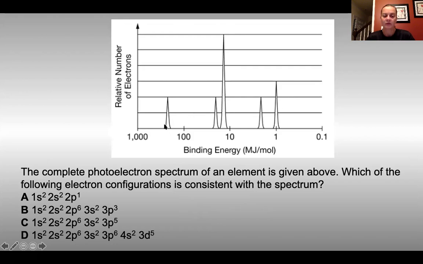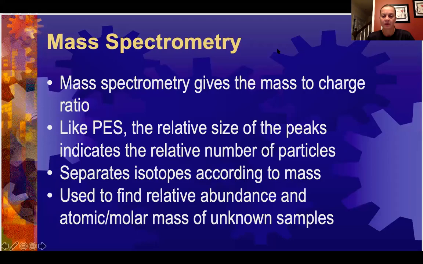So we know we're looking for 1s2, 2s2, 2p6 because it's 3 times as big, 3s2, and 3p, it's bigger than the 2, smaller than the 6, so we're looking for a 3 here. So B is our size. If this were 3p5, this peak would be all the way up to here.